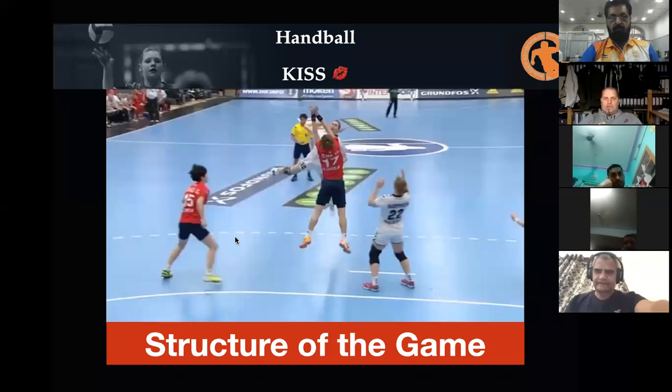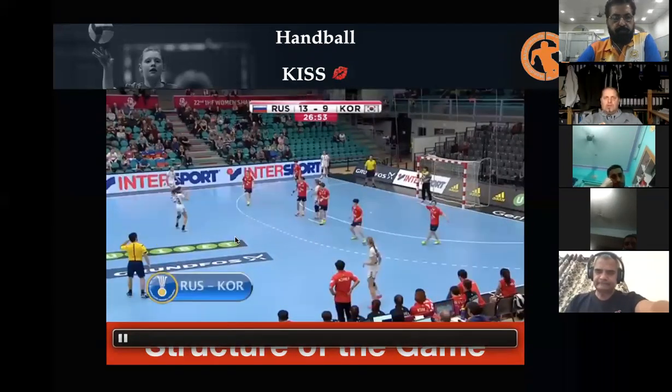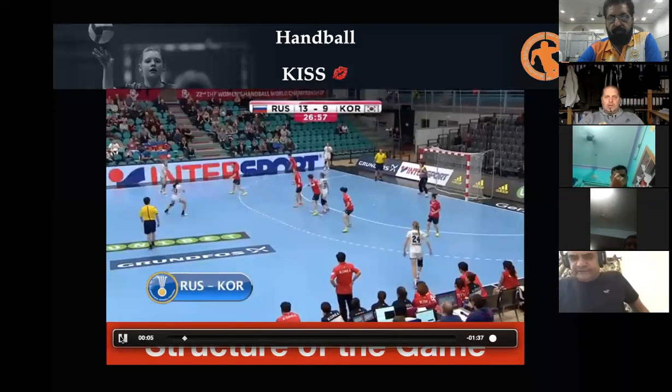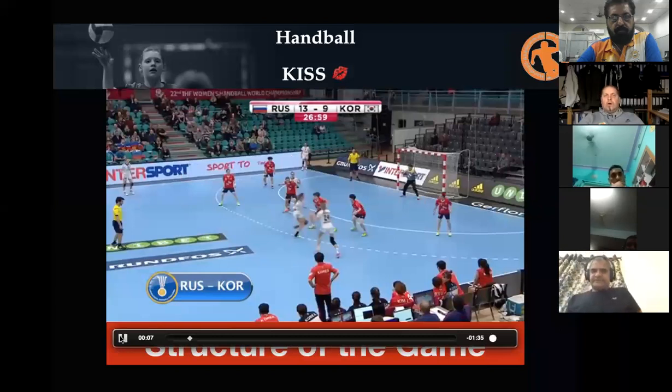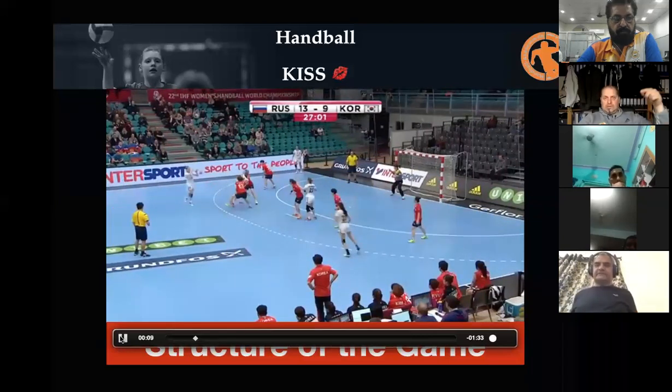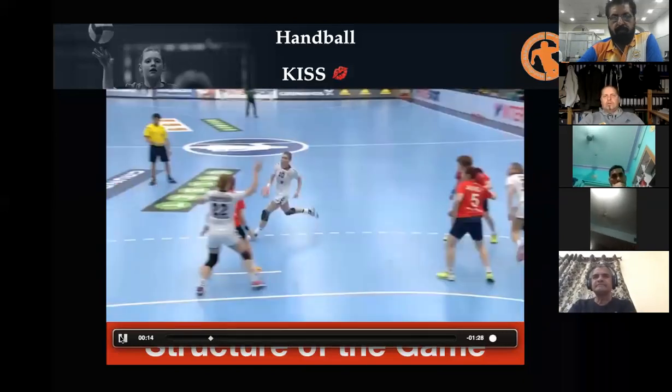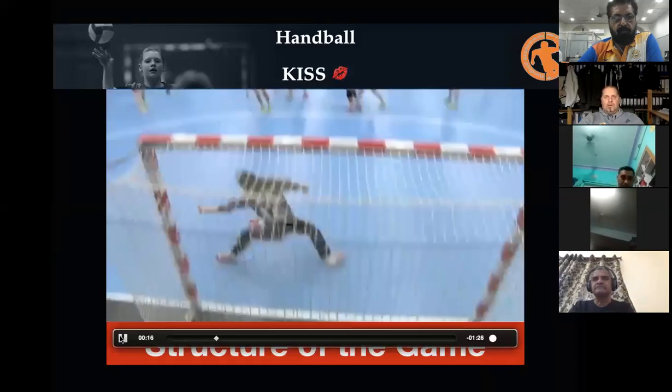Second example for game advantage, second dimension, we had from the Russian ladies' team against Korea. After cooperation, second level, here we see the left back player in the central area shooting against the defender and goalkeeper, and they do this in a nice way.